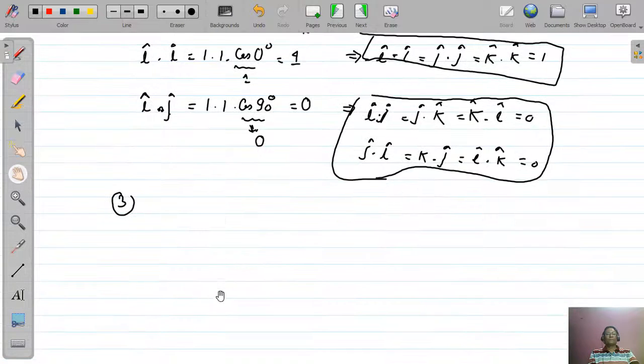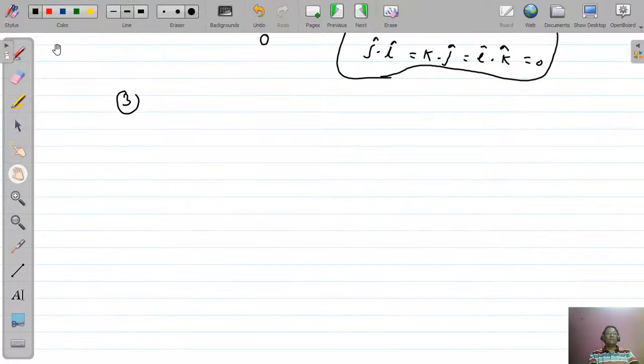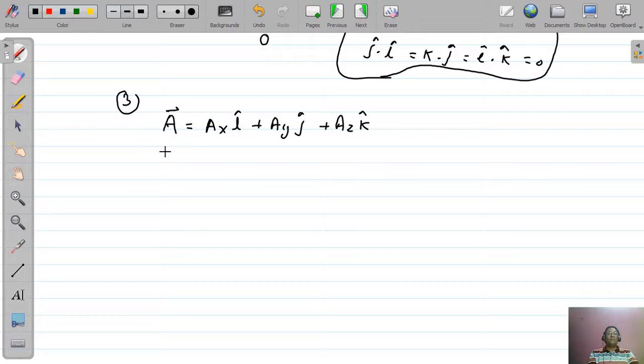Next, let us say we are given vector A in terms of components as ax i plus ay j plus az k, and B is given as bx i plus by j plus bz k.